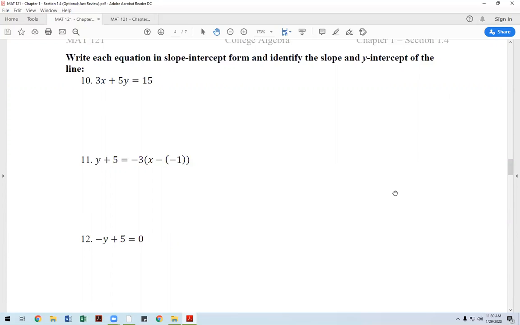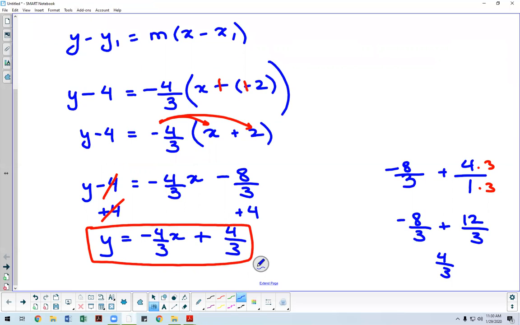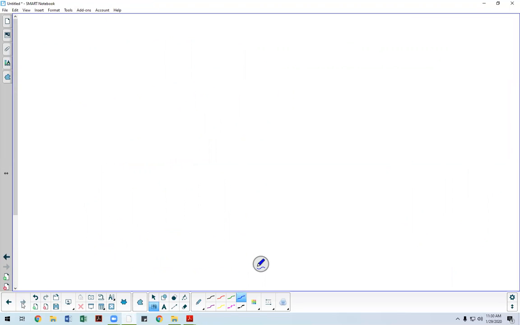What are we going to need to do here in number 11? Distribute everything on the right side. Distribute, yeah, and then of course go ahead and make those two negatives a positive, right? Okay, so let's take a look at that guy. Then you've got two negatives, which will end up becoming positive.